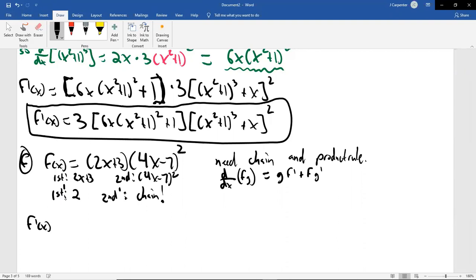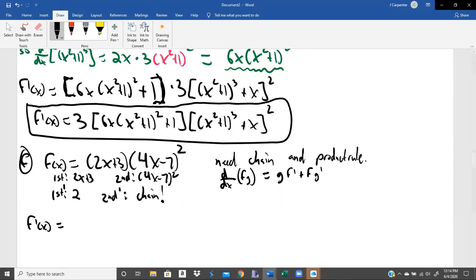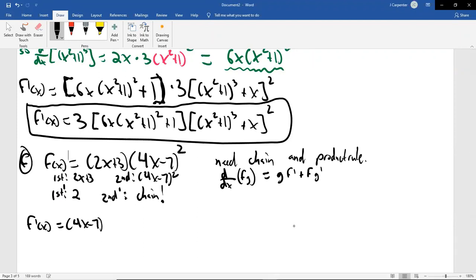So f prime of x for now, it's the second thing times the derivative of the first. So the second thing is the parentheses with the 4x minus 7 squared. So here's the second times the derivative of the first. So we're multiplying these two things, which is 2. Then plus the first, which is 2x plus 3, times the derivative of the second, which we don't know yet.